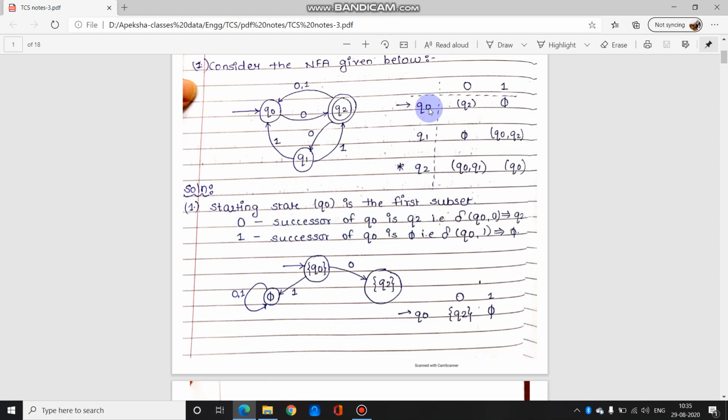Successor in the sense same way जैसे normally we tell कि Q0 पे if input is 0, it is making a transition to Q2. So that transition over here is named as successor of Q0. So if Q0 पे input is 0, then it is moving on to Q2 state. Hence the transition from Q0 will be to Q2 state on input 0. Similarly, an input 1 in Q0 state will make it a transition to null state, phi state.